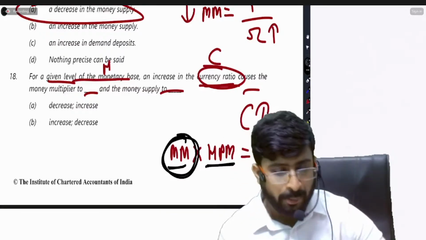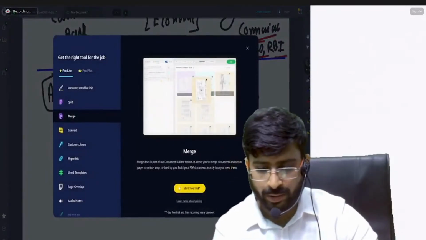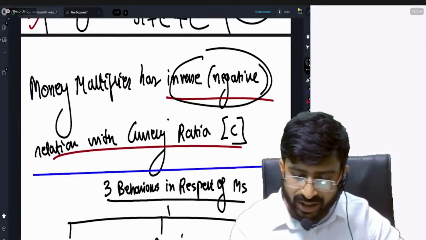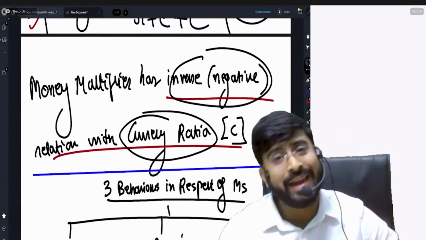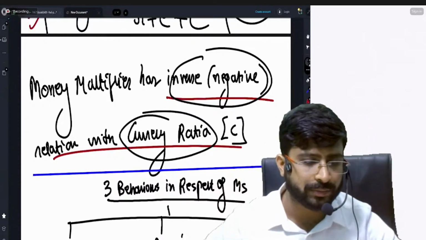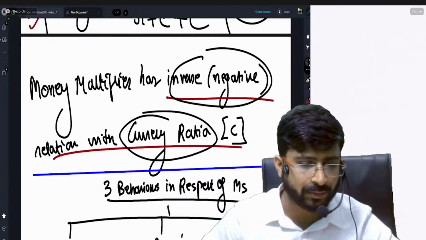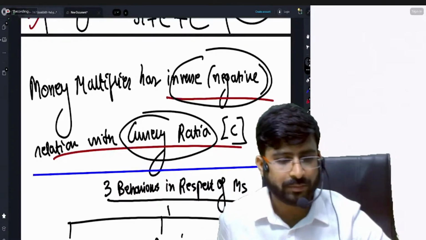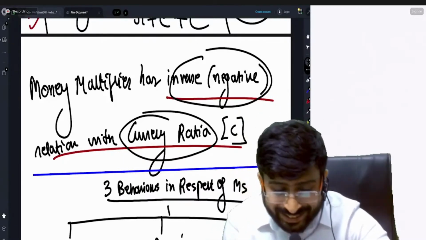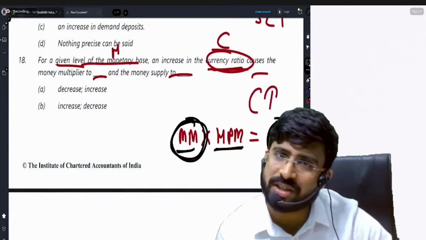Listen carefully. I had made you write one line, did you note it? Money multiplier has negative relation with currency ratio. So money multiplier is inversely related with currency ratio, and money supply is also negatively related with currency ratio.